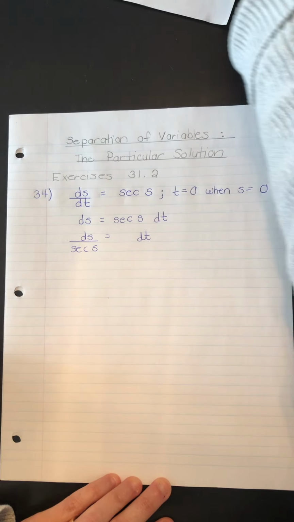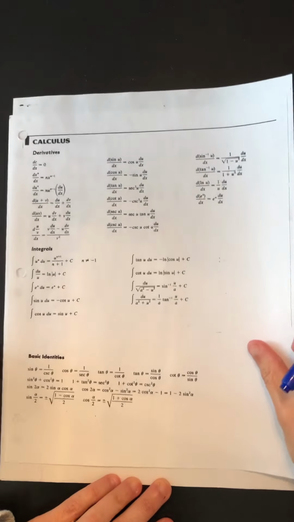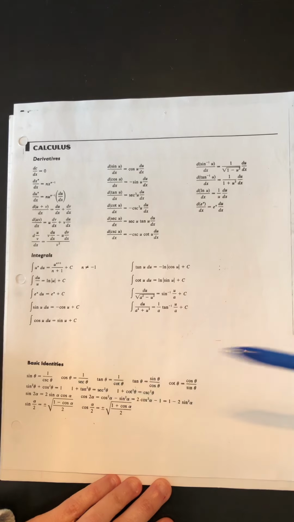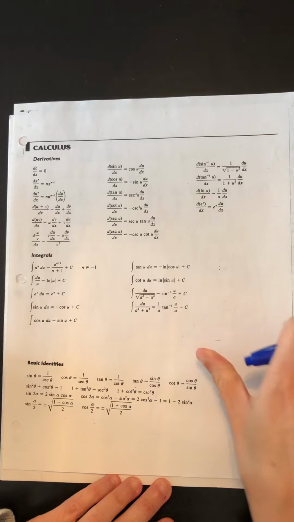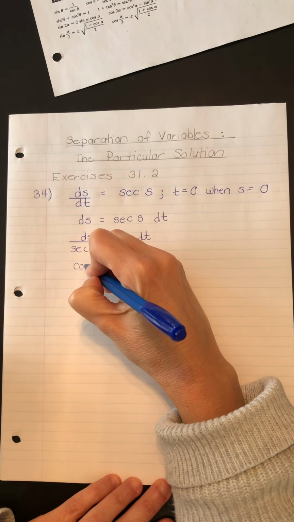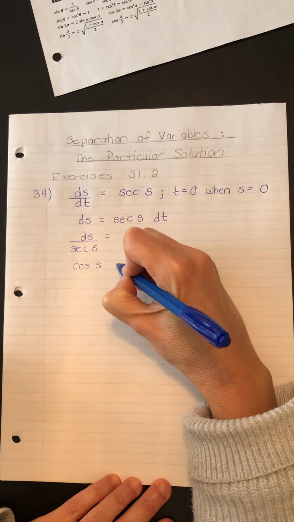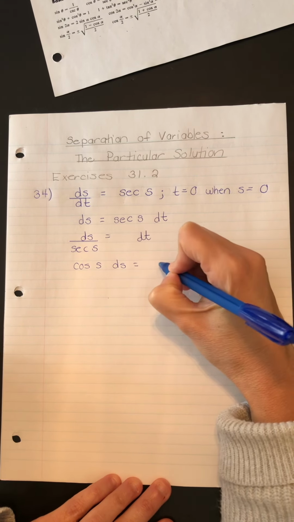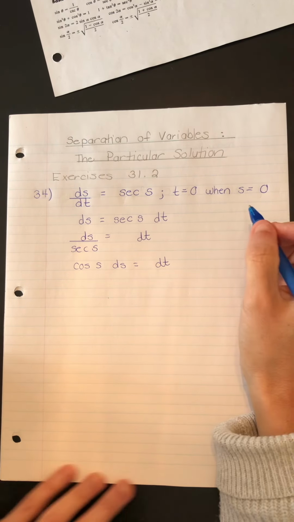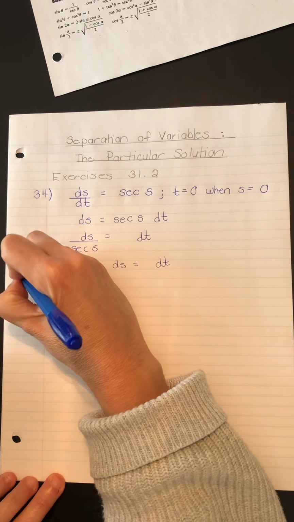We know that 1 over secant s is equal to the cosine of s. So that's one of our basic trig identities. So we can change the left side to cosine of s ds. And now we're going to integrate both sides of the equation.